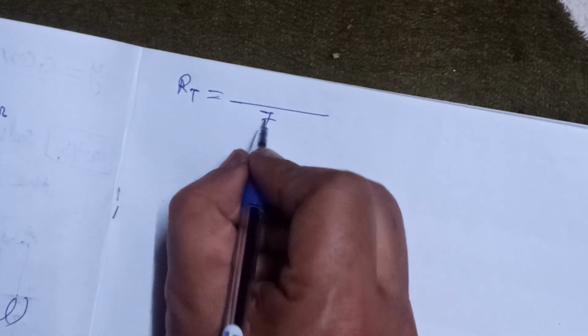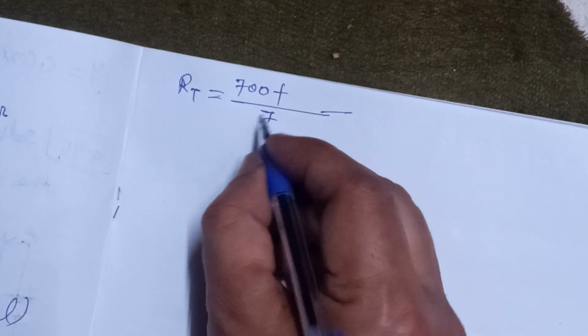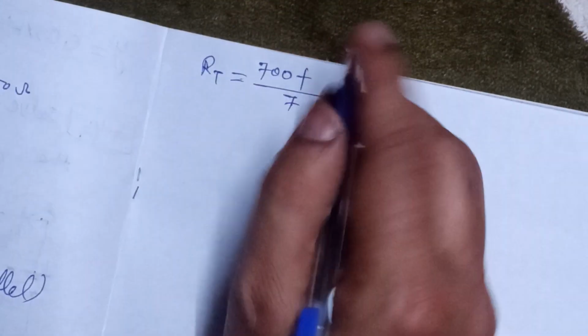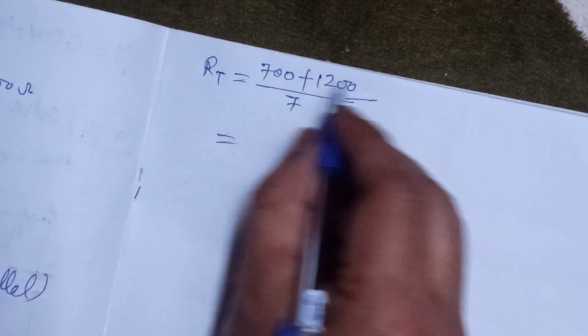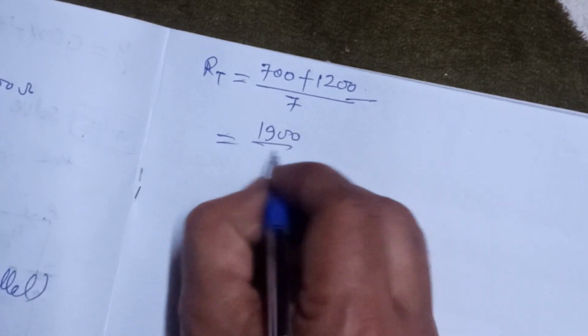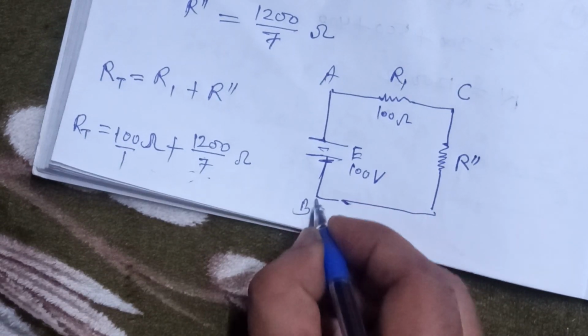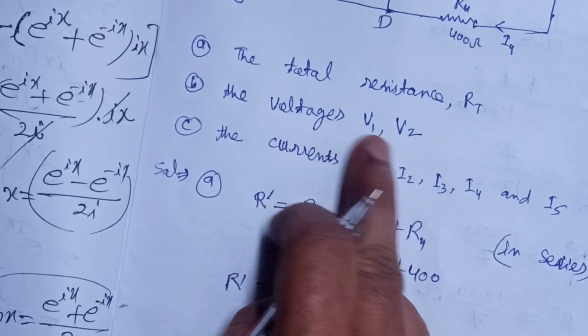So RT is equal to: 7 divided by 1 we get 7, multiplied by 100 we get 700. Also 7 divided by this 7 we get 1, multiplied by this value we get 1200. This becomes 1900 upon 7. This is the total resistance between A and B. Now we have to find the voltages V1 and V2.